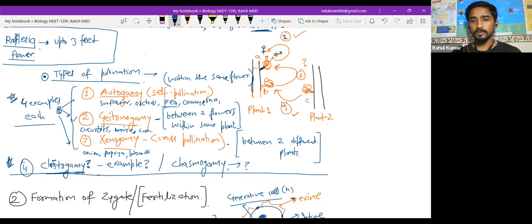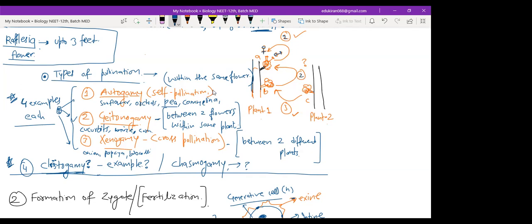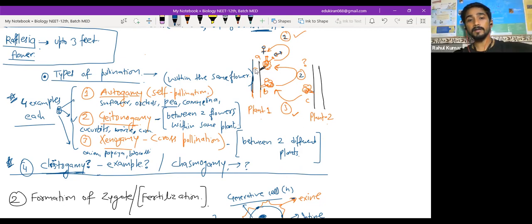The second scenario is where there are two flowers on the same plant. And the anther of one flower pollinates the stigma of another flower, but on the same plant. Is it clear? Now it is not within the flower, it is between the flowers, but within the same plant.